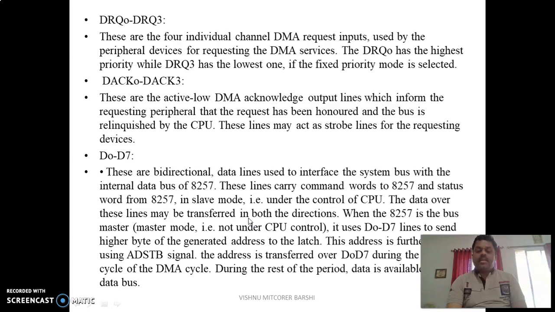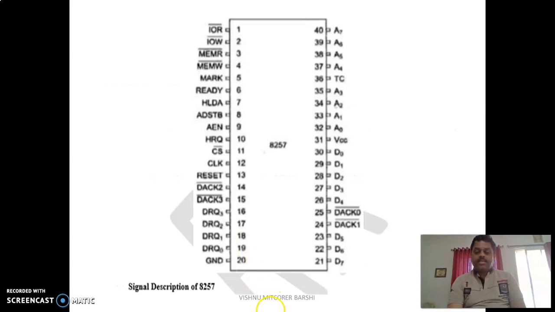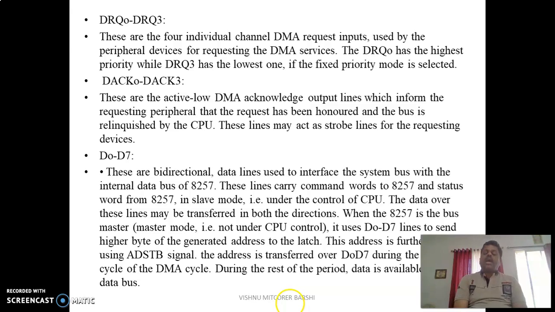DAC0 to DAC3, on pins 24, 25, 14 and 15, are active low pins. They are the DMA acknowledge output lines which inform the requesting peripheral that the request has been honored and the bus is relinquished by the CPU. These lines may act as strobe lines for the requesting devices.